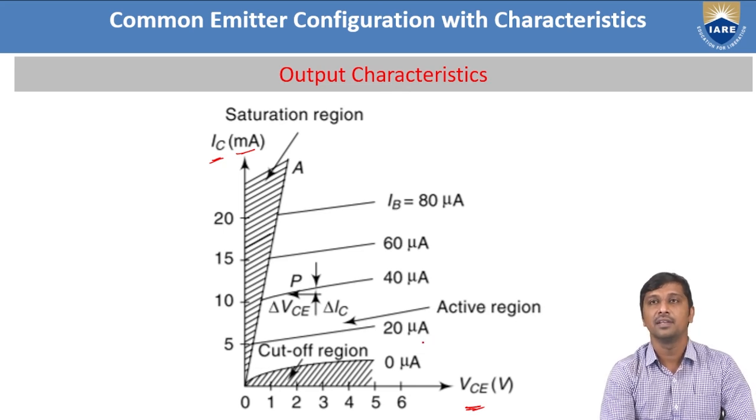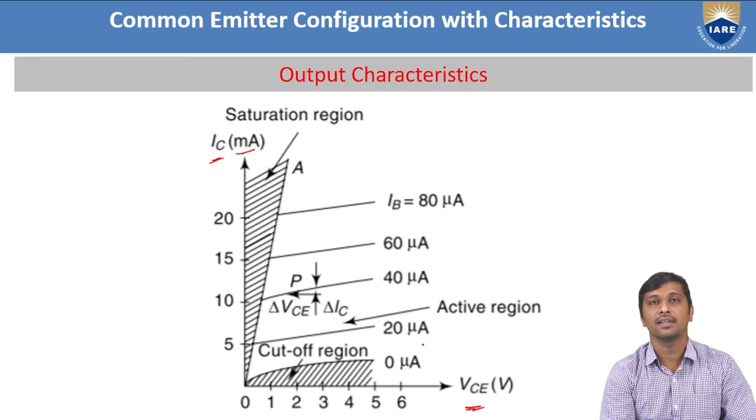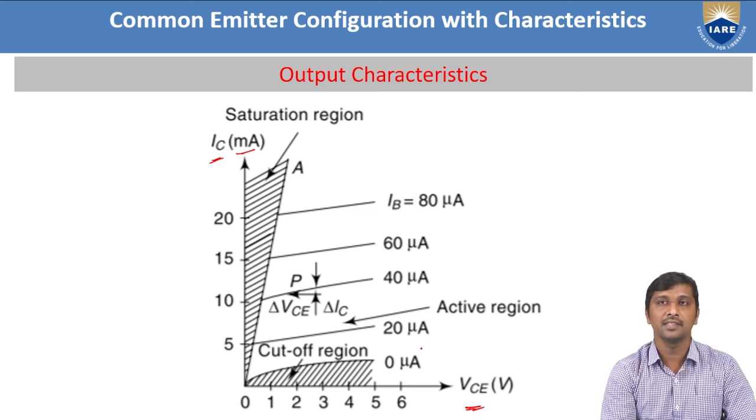Based on the doping levels, only 2% to 5% of the charge carriers emitted from the emitter constitute the base current and the remaining charge carriers go to the collector. That is the reason the base current is very small compared with the collector current, so it is measured in microamperes.